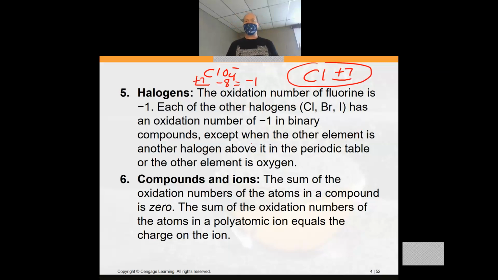All right, now if you're talking about calcium chloride, CaCl2, now we're talking calcium, that is always +2, and then chlorine is -1. So in binary compounds, it's going to be -1. Polyatomic ions are not binary.